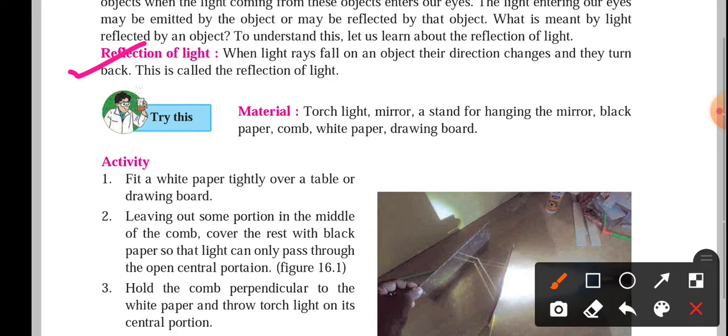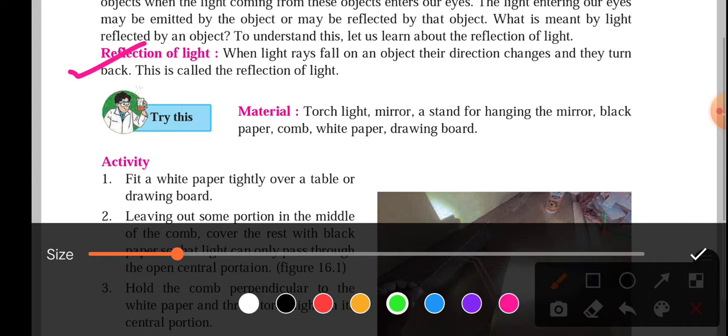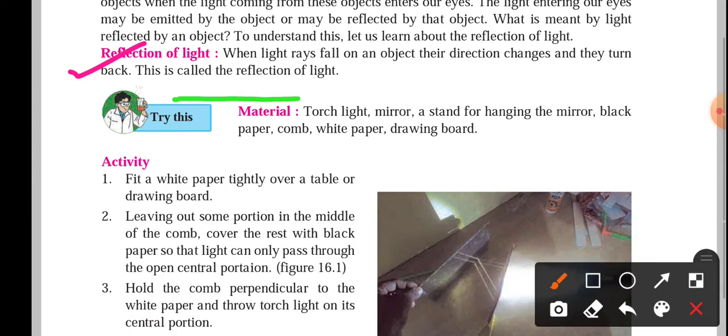When light falls on a particular object, then after striking that object, light changes its path. Because generally, light always travels in a straight line.